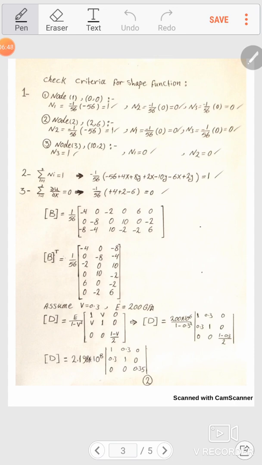Same when you take node number 2, we have 2 and 6. Just substitute these values in the equation of node number 1, the equation of node number 2 and the equation of node number 3, and so on for node number 3.